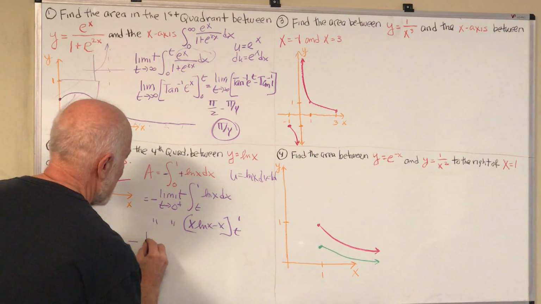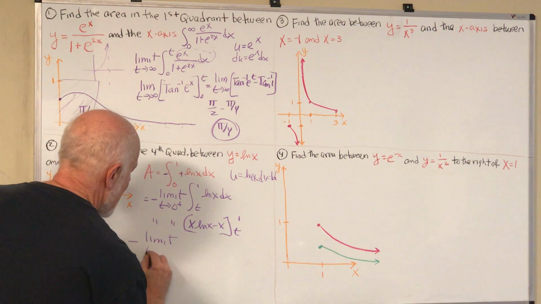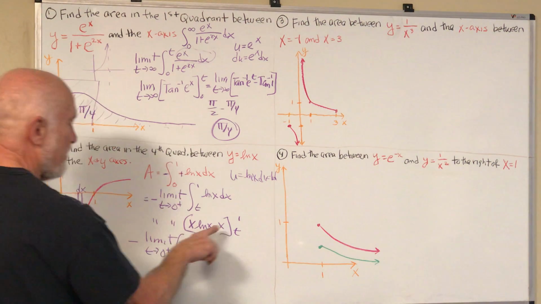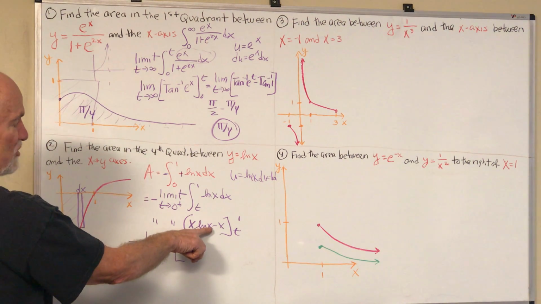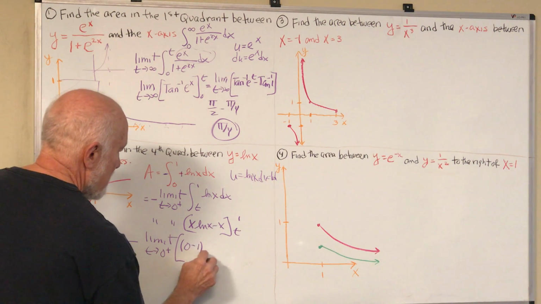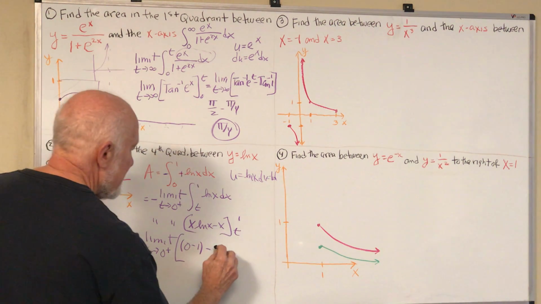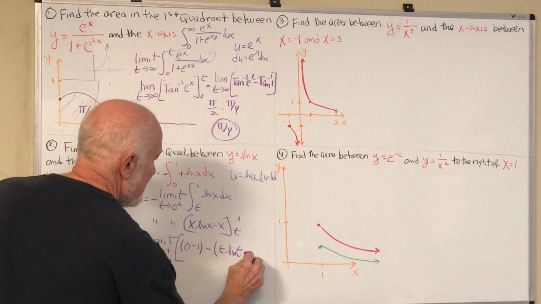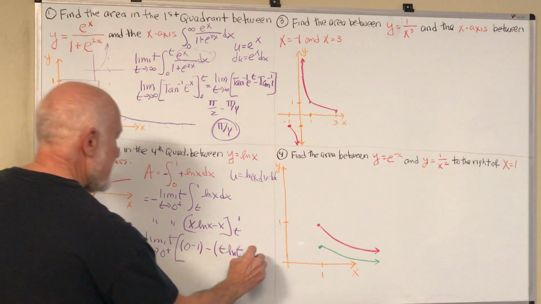So we get minus the limit as t approaches 0 from the right. Now if we plug in 1, we get the natural log of 1 is 0. And if we plug in t, we get t natural log of t minus t.